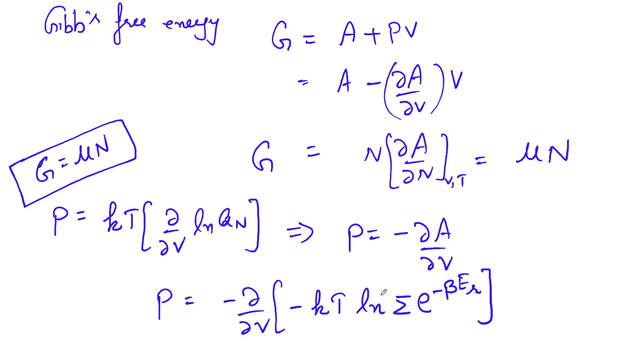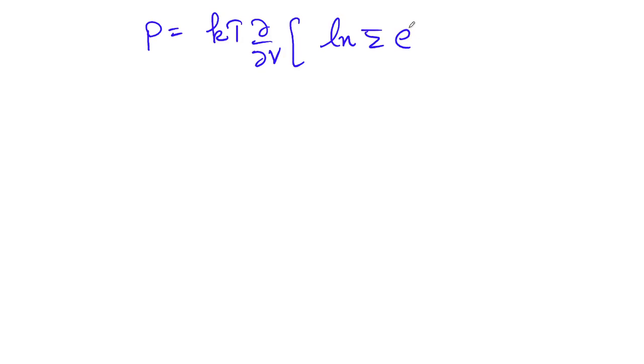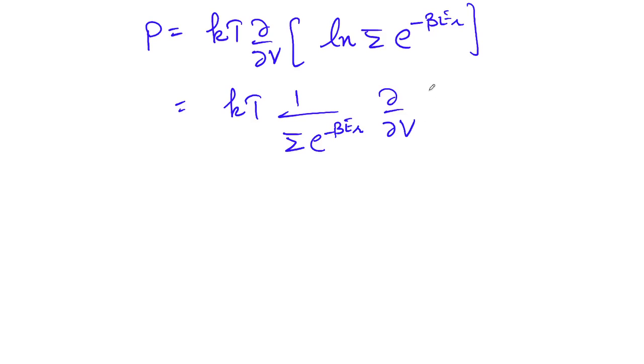Now taking the derivative with respect to V, P is kT ∂/∂V of log of the summation of e raised to power minus beta E_r. So this I can rewrite as 1 over the summation, and since E_r is a function of V, it comes out to be minus beta ∂E_r/∂V times the summation of e raised to power minus beta E_r.